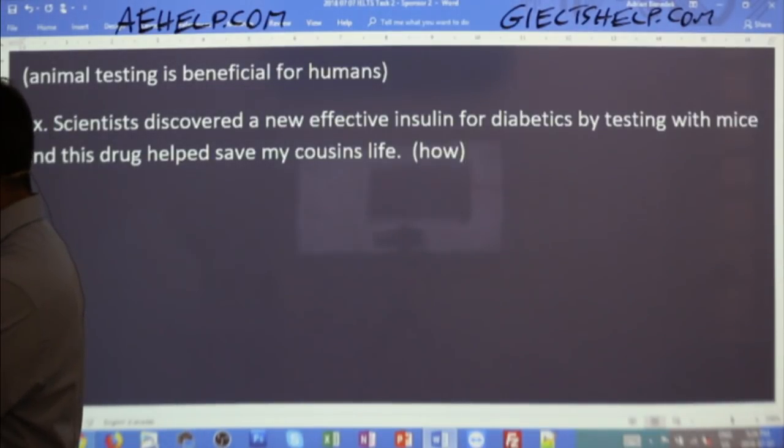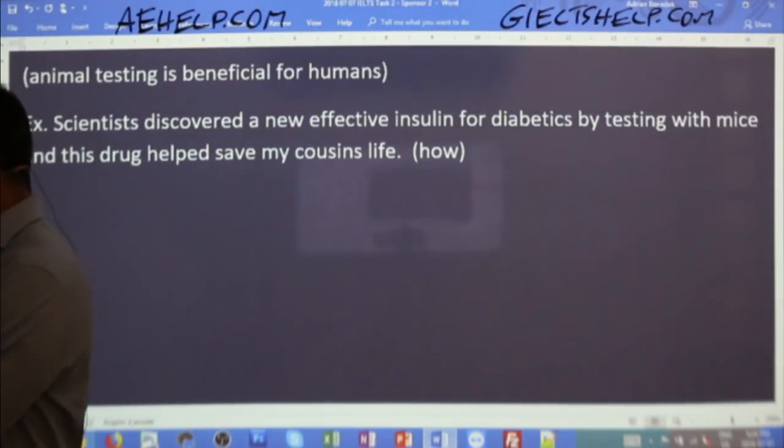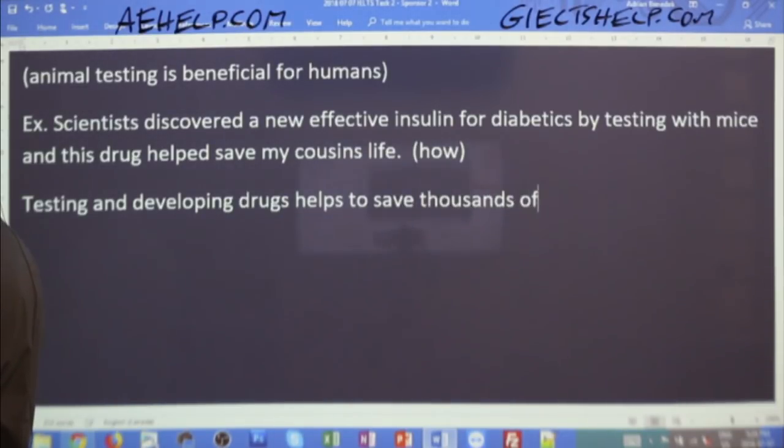Okay, now we go out to the why, okay? So testing and developing drugs helps to save thousands of people's lives each year, okay? So this is the why we want to do this, right? It's benefiting humanity.